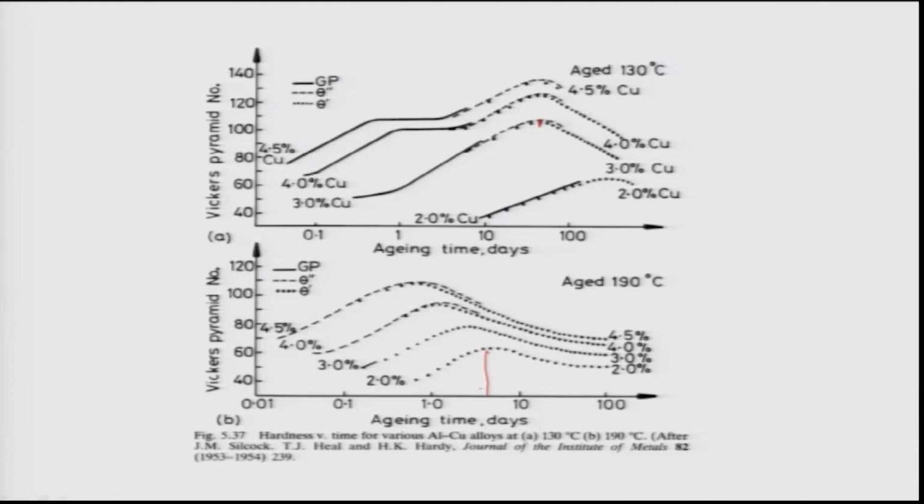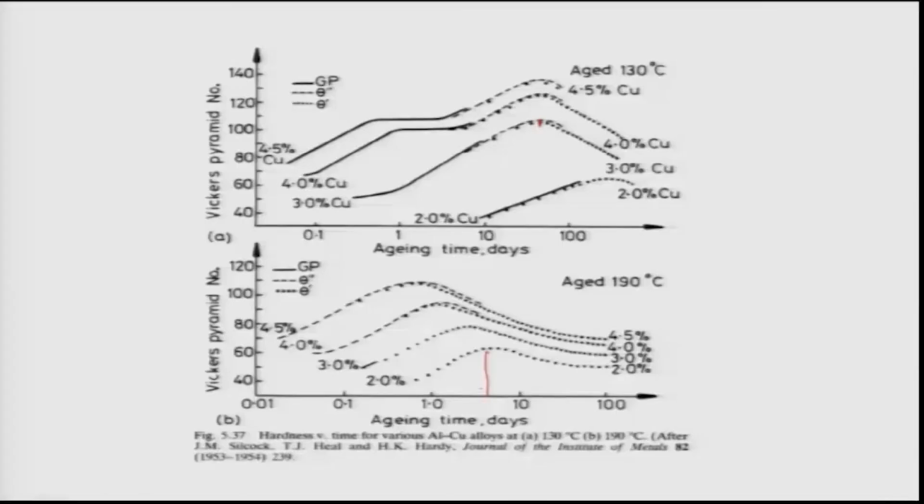So that means the aging temperature has a profound role in leading to the formation of these precipitates, and this can lead to very interesting aspects in actual production. Because when you are doing the heat treatment of these alloys for different components, an important aspect is to reduce the time.